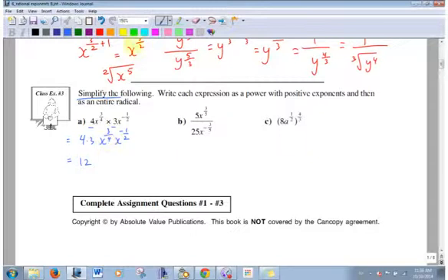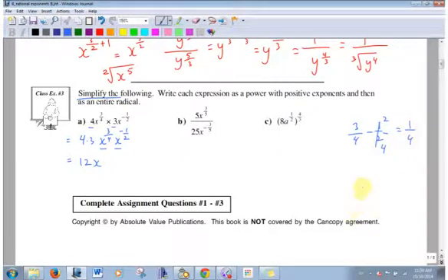Now I just have something like I just had up here. I'm multiplying with the same base, so I'm going to add my exponents. Over here, what is 3/4 minus 1/2? Need a common denominator? 4. 2 goes into 4 2 times. 2 times 1 is 2. Right? 1/2 is the same as 2/4. 3 minus 2 is 1.